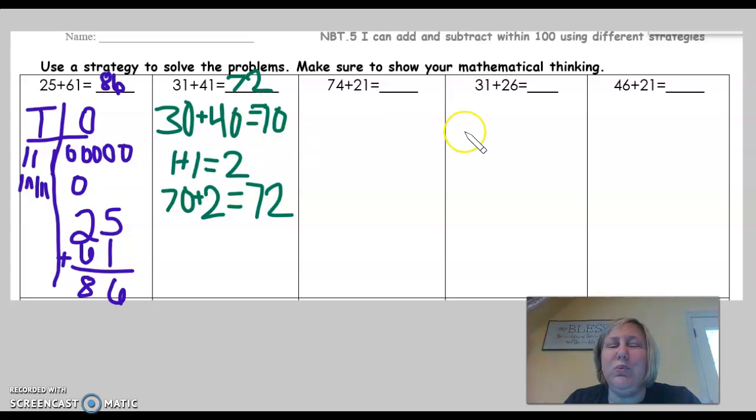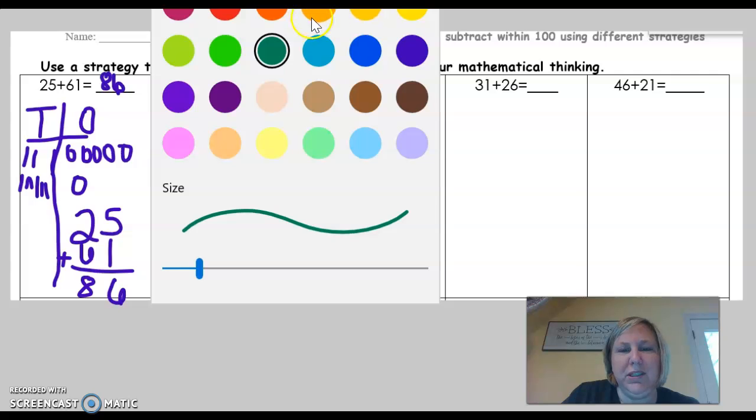Now let's say that I really enjoy doing a number line. I may not have a lot of room. Sorry about that, guys. What I was saying was I may not have a lot of room, so I might just want to get a scratch piece of paper to do my open number line and then take a picture of that on Seesaw as well. But I'm going to see if I have room. Let me pick another color, 74 plus 21.